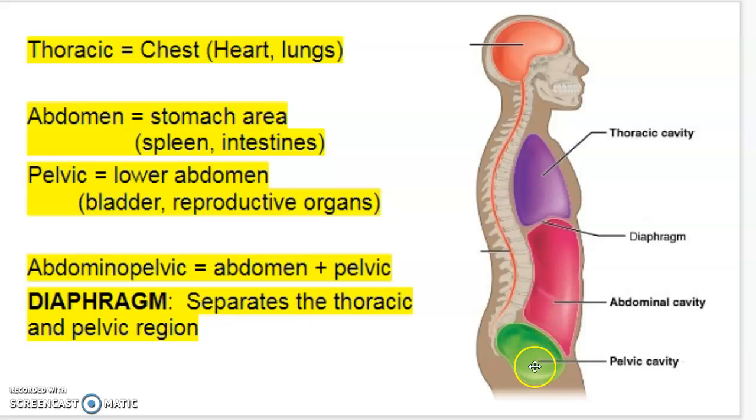And then pelvic cavity, the green, which would be bladder and reproductive organs, and part of your large intestine. When you put both of those together, they call that your abdominopelvic cavity, and this is where your viscera is going to be located, for your internal organs. Separating the thoracic from the abdominopelvic is a flat muscle called the diaphragm, which assists in breathing.